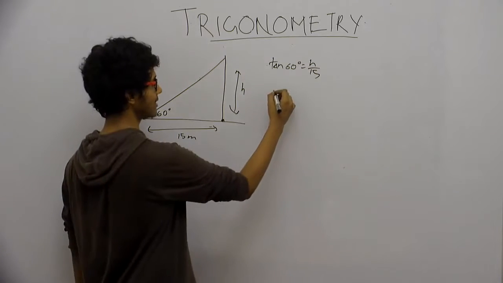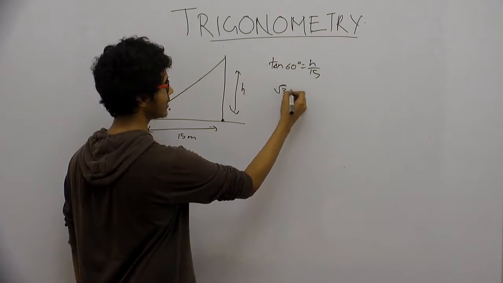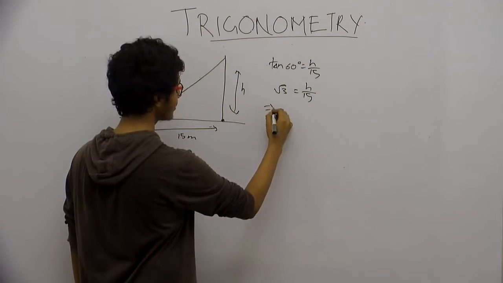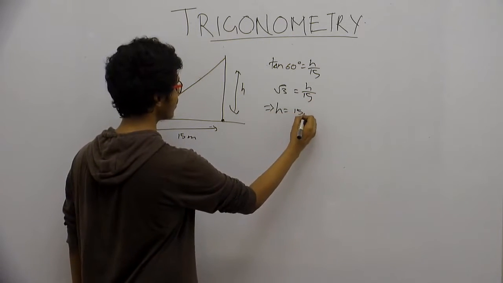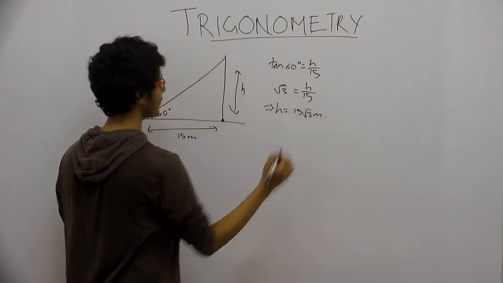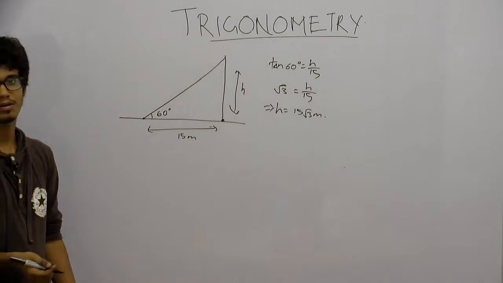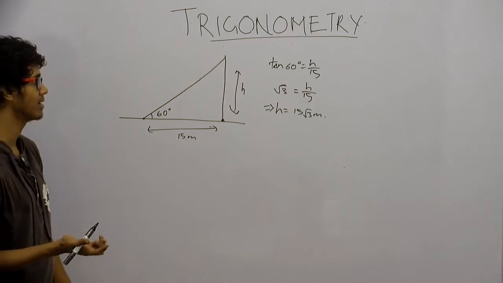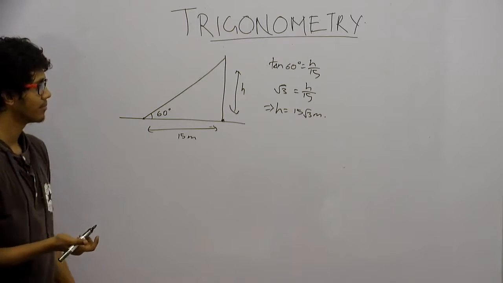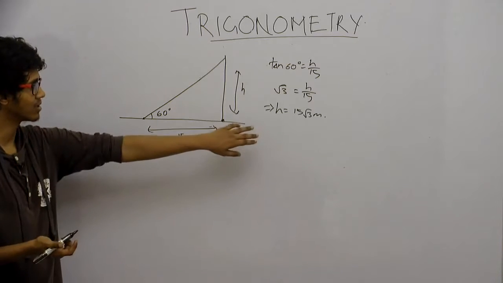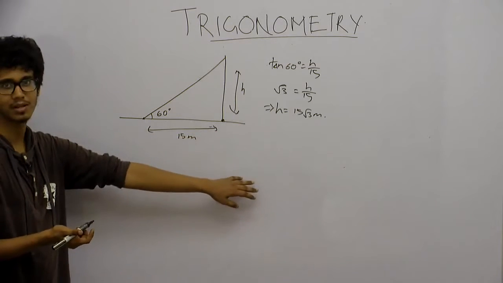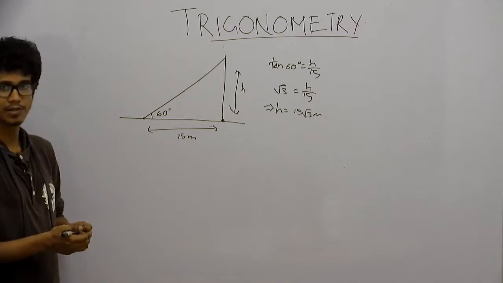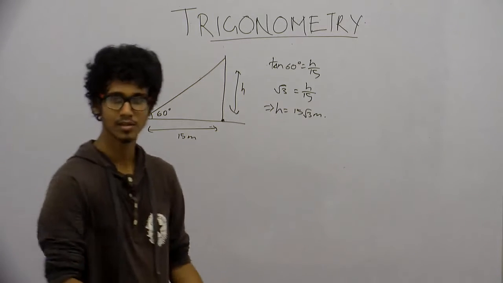We know tan 60 degree, as we have already done, is root 3. So h by 15 is root 3, which implies h equals 15 root 3 meter. Now in the tests that you're normally going to get, assignments, homeworks, and all the rest of those things, they'll probably give the value of root 3 and you have to substitute and calculate the value and then give the answer. But for now, this much is sufficient. Okay, let's do more questions.